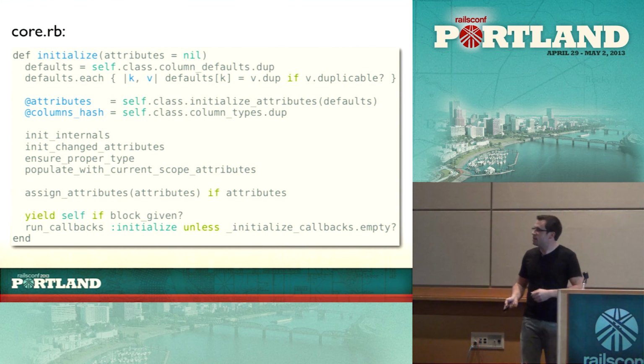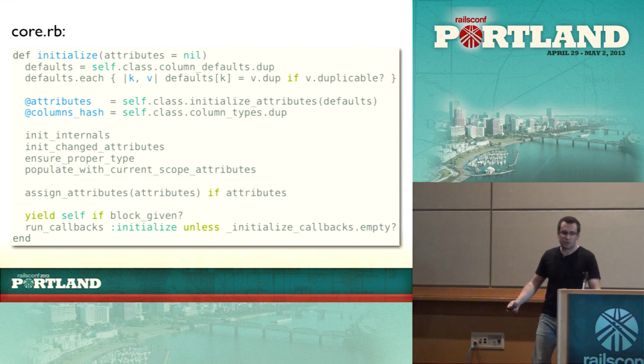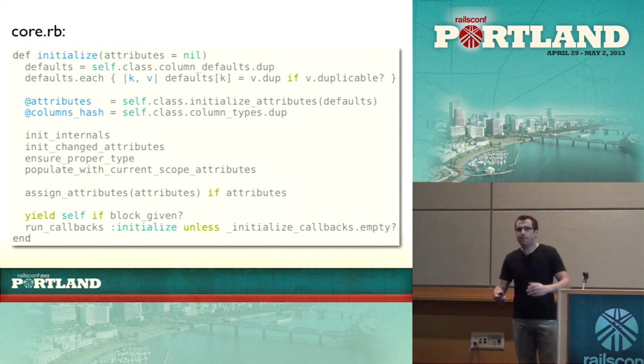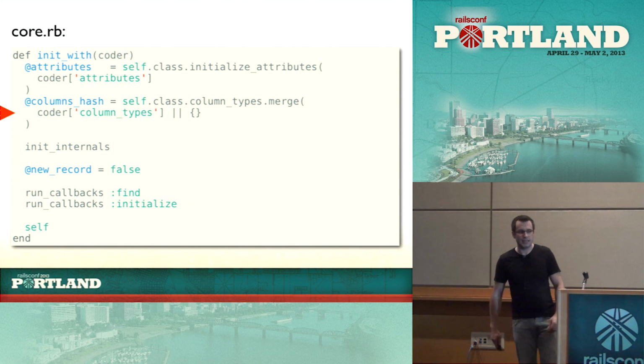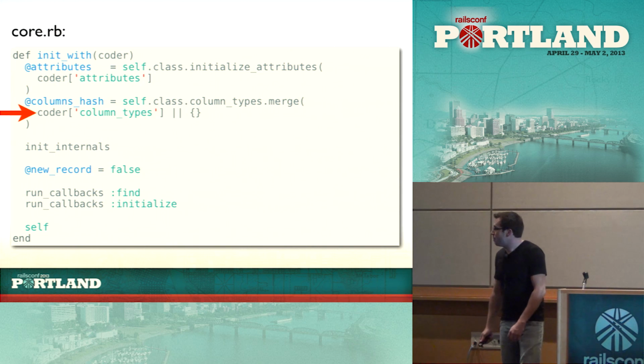ActiveRecord::Base has a pretty standard initialize. It's kind of lengthy, but it does what it needs to do. Right below the initialize method, however, is a method called init_with. init_with, by the way, has some bonus magic.